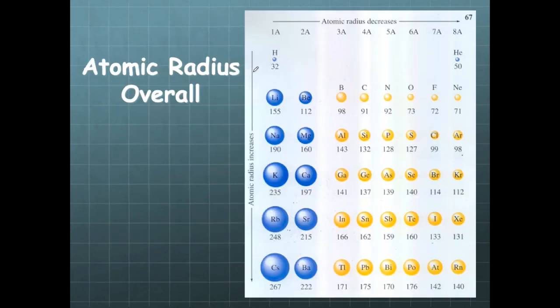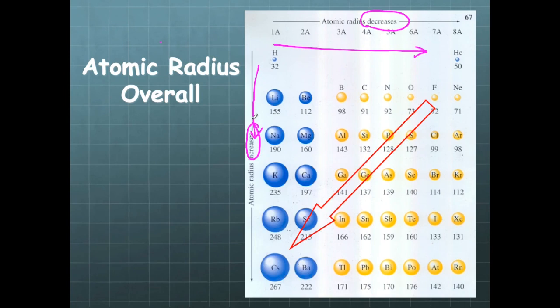Let's summarize what we learned up till now. As we move across a period, the atomic radius decreases, and as we move down a group, the atomic radius increases. So that's the trend that we see on the periodic table.